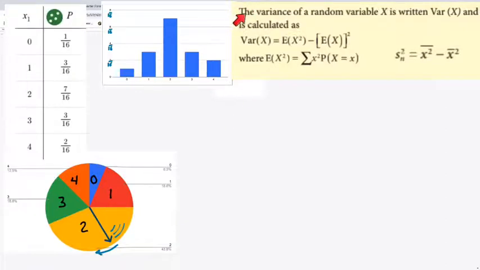So in the textbook, it says that you can calculate the variance of a discrete probability distribution function, which is what this is, by doing E of X squared minus E of X, squared. That looks familiar. That looks like the sum of the squared deviations minus the square of the average.